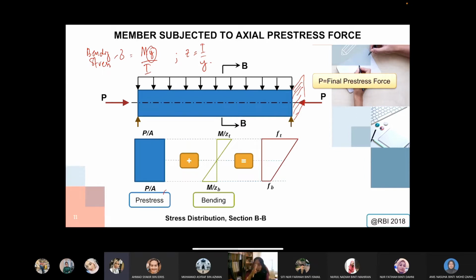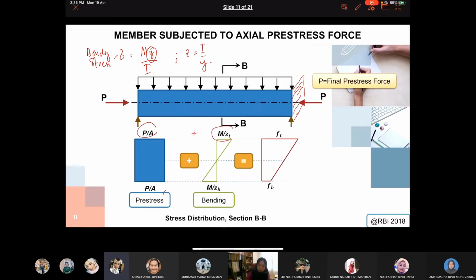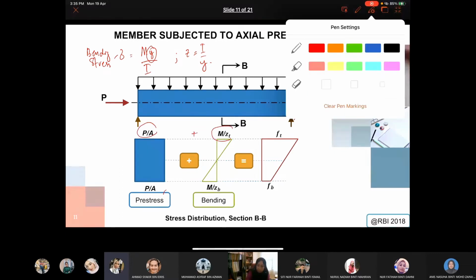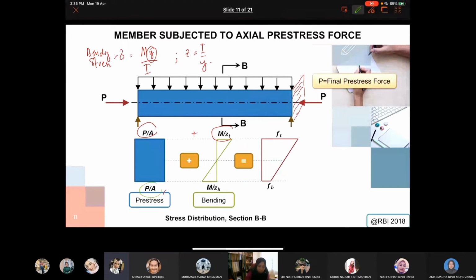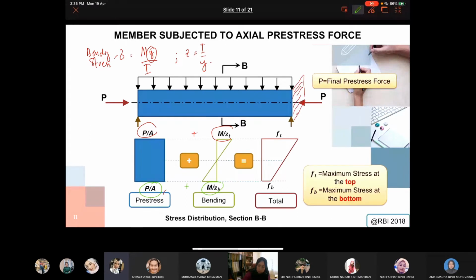By adding the two conditions, it means P over A plus M over Z top, then you will have P over A plus M over Z bottom. So then you have it, F. The total will be F, the maximum stress at the top and also the maximum stress at the bottom. So top will be compression, bottom will be tension.